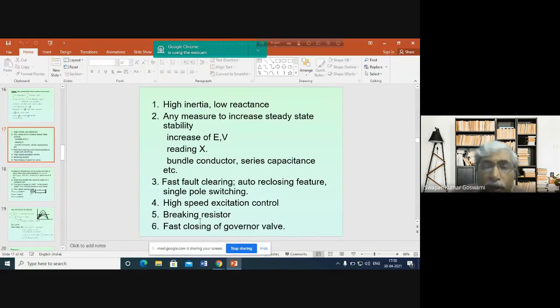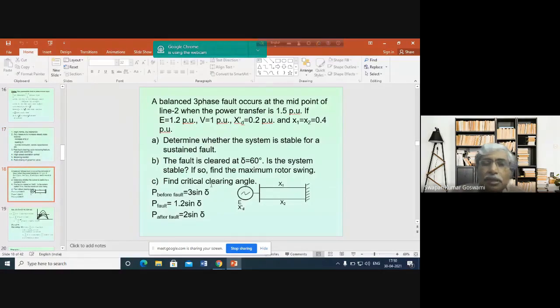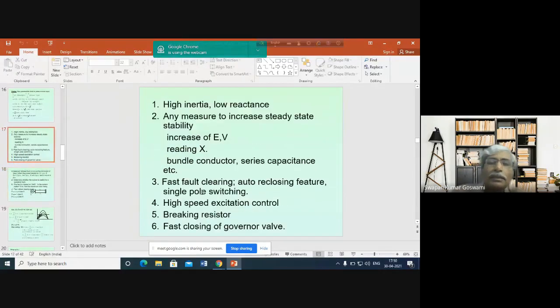If you have no other questions, then we shall stop here, because these are the methods for improving transient stability, and this is what I had to discuss regarding stability.